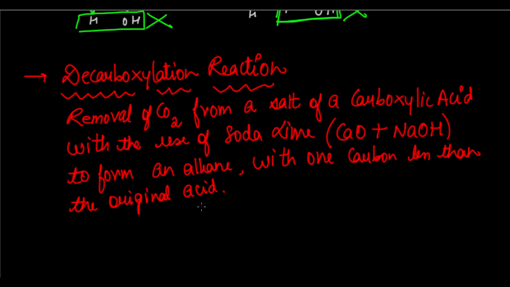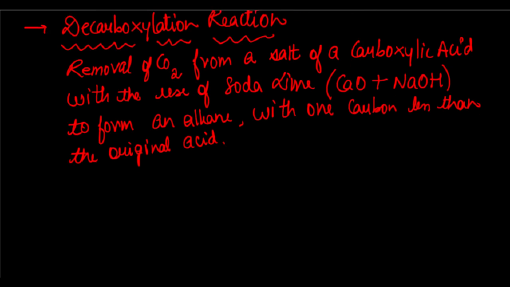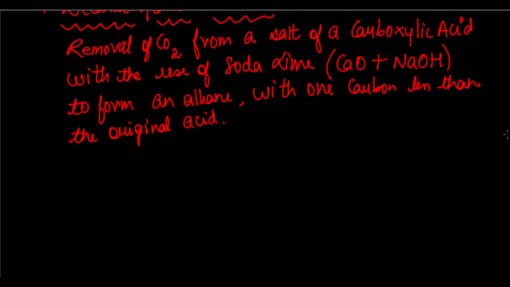This is your decarboxylation reaction. Okay, let's take an example to understand it better. Basically, soda lime is used to remove carbon dioxide from the salt of a carboxylic acid, and as a result we get an alkane with one carbon less than the original acid.